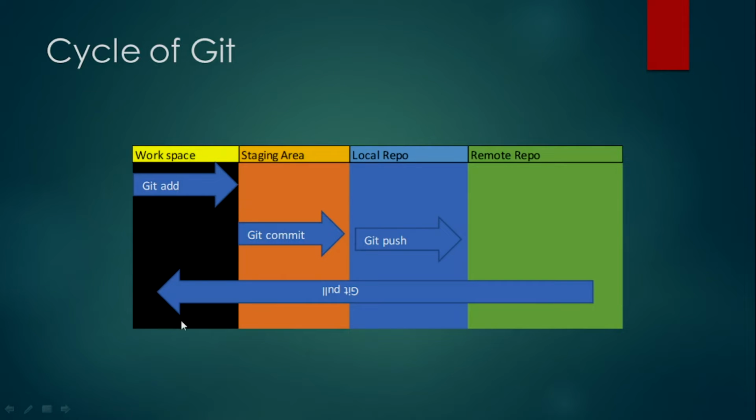So you have a workspace area. Workspace area is nothing but your local folders on your system. So we also have a staging area, then local repository, then remote repository.